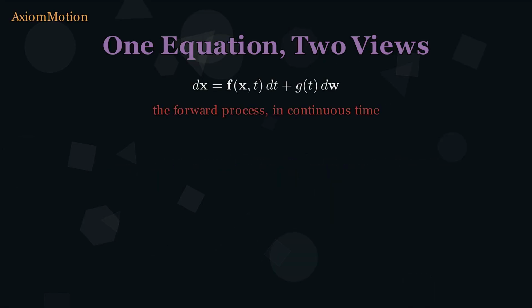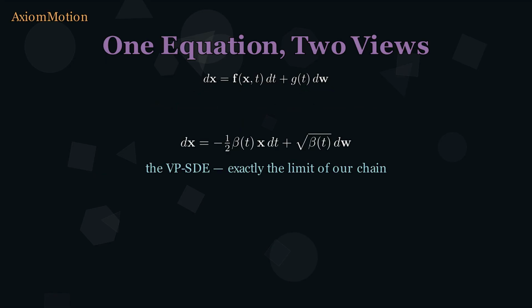Let us zoom all the way out. If we take the step size to 0, the whole chain becomes a smooth stochastic differential equation, a drift plus a continuous push of noise. With the particular choice that matches our schedule, this is what is called the variance-preserving SDE, and it is precisely the continuous limit of the chain we built.